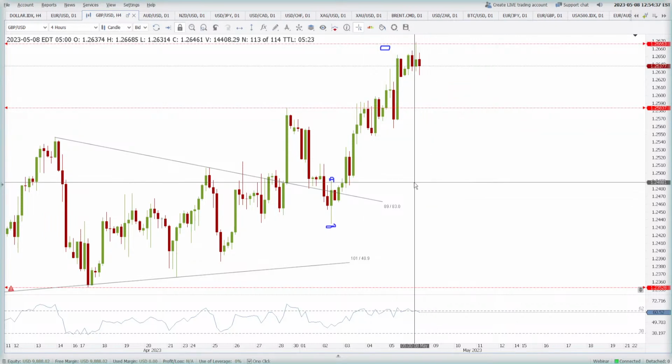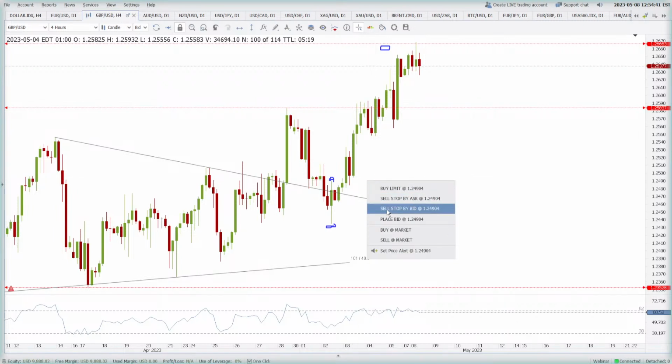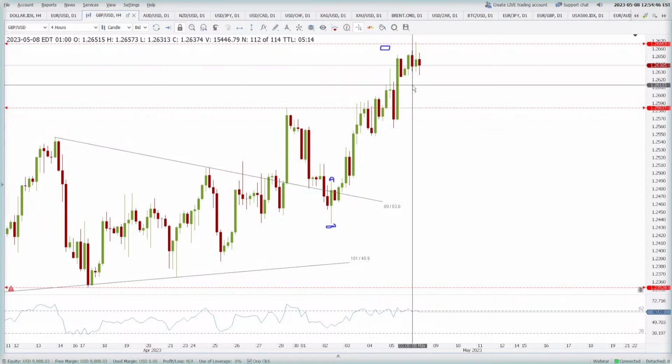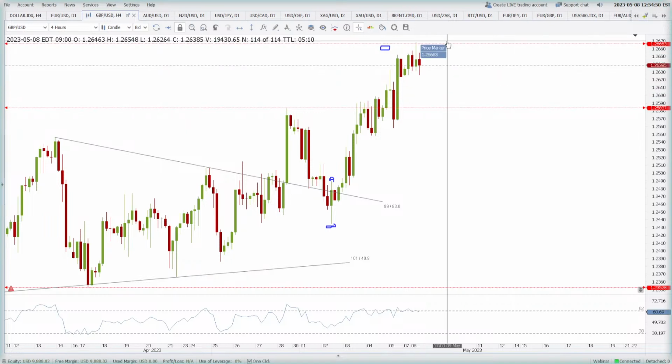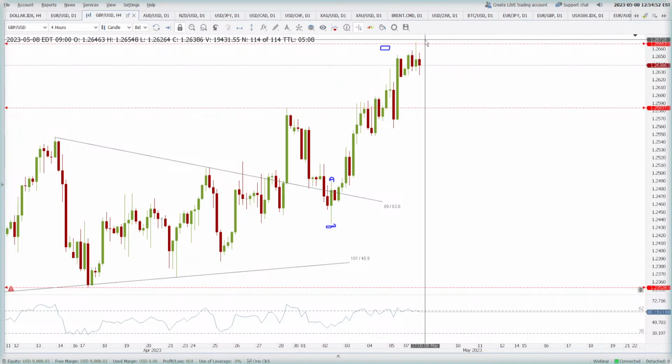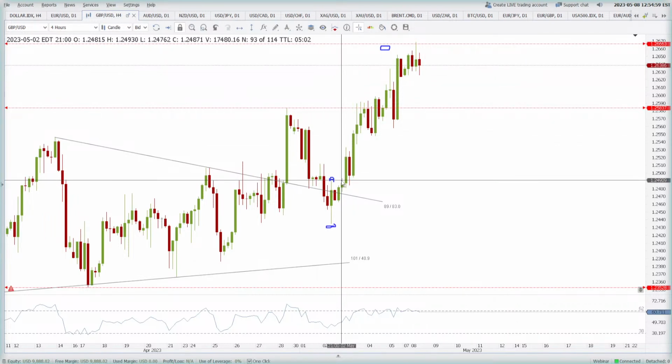You execute it by a buy stop here, not sell. Since the market is trading above, no order is coming, but like this, buy stop. So this should have been done here.